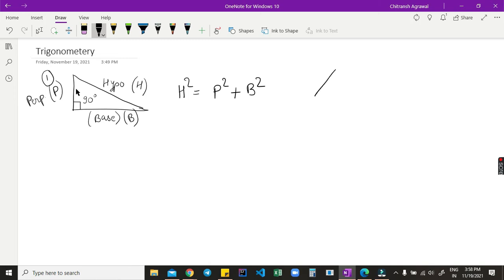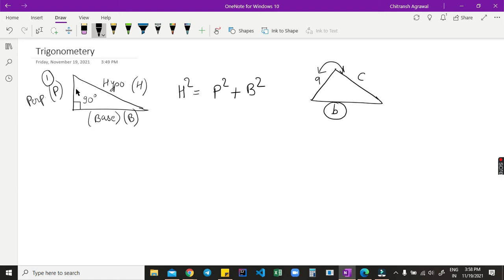Now, if you have any other triangle which has three sides, and if anyone gives you two sides and asks you to find the third side, you won't be able to tell him.